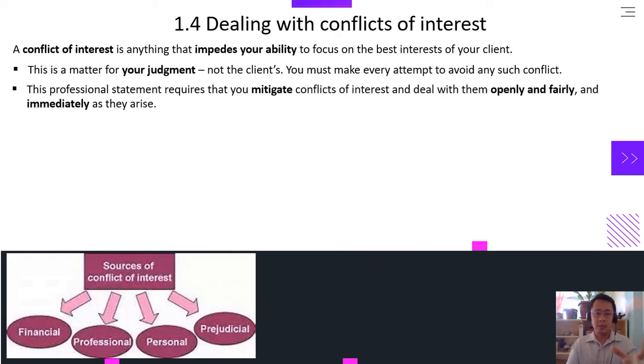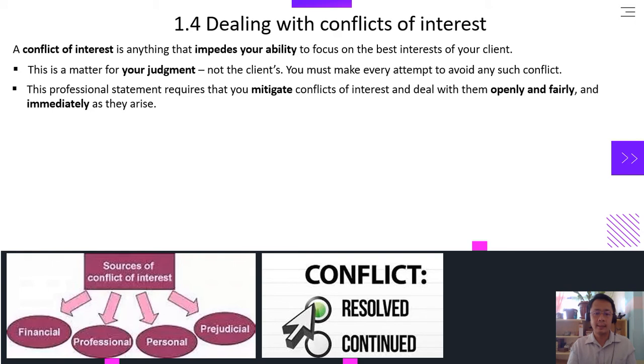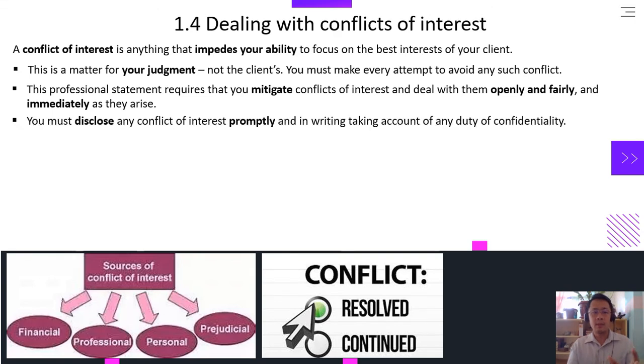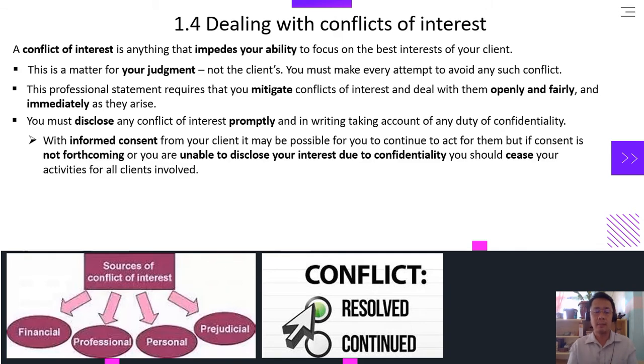This professional statement requires that you mitigate a conflict of interest and deal with it openly, fairly, and immediately as it arises. You must disclose any conflict of interest promptly and in writing, taking account of any duty of confidentiality. With informed consent from your client, it may be possible for you to continue to act for them.